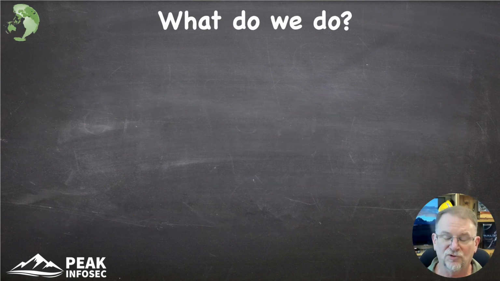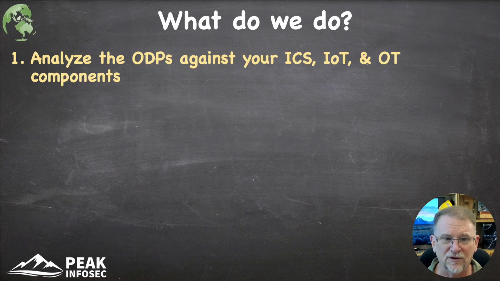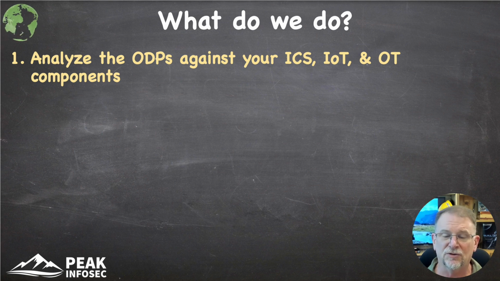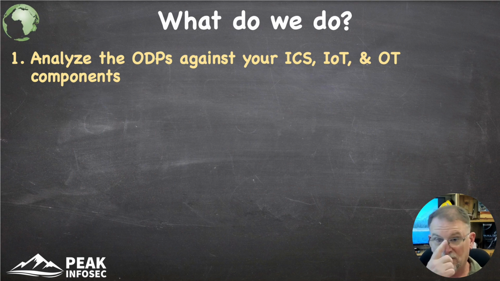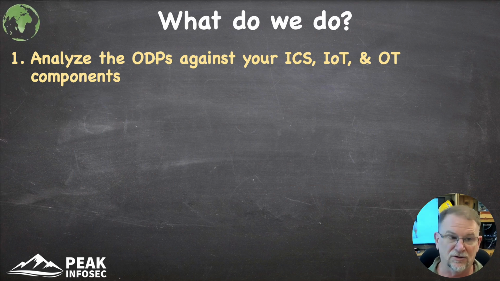So what do you do with those problems? Well, first, you need to go through and analyze those ODPs against your industrial control systems, IoT, and OT components. Related to this post, we have a draft 800-171 system design parameters plan for Rev 3. Use that to document this, and to start to understand where you've got issues.